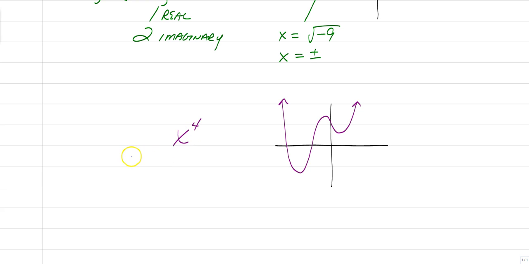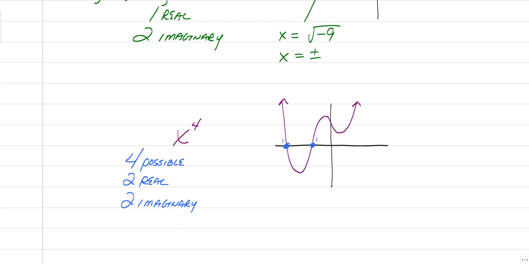So as you can see, there are 4 that are possible. Now go count your reals. Crosses through, that's 1 solution. Crosses through again, that's 1 solution. So we have 2 reals, but none of them are double roots. So therefore you have to have 2 imaginary.